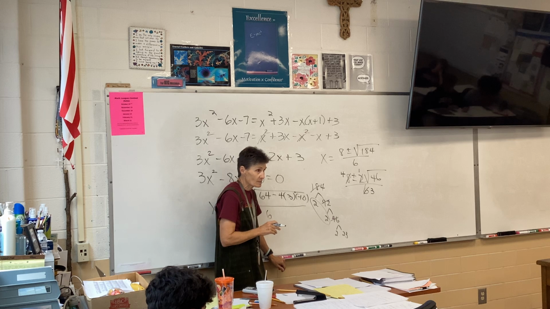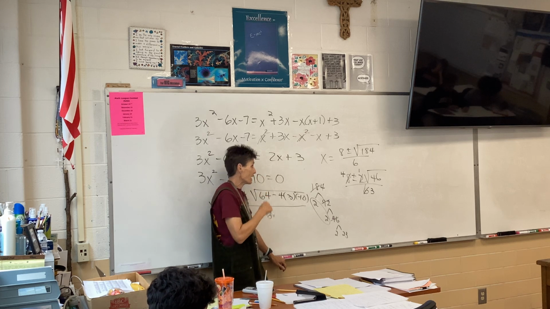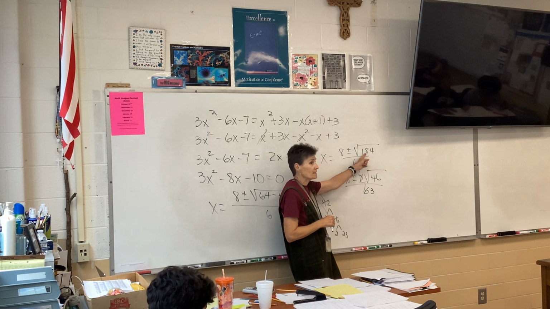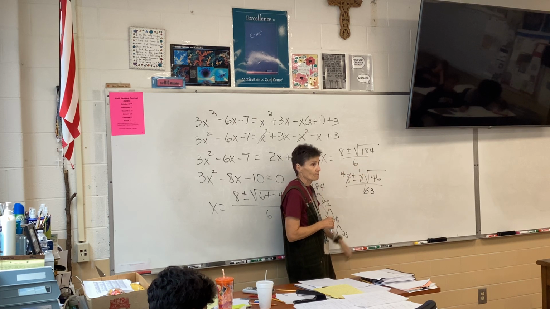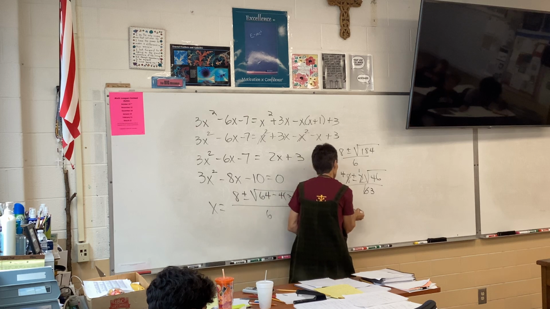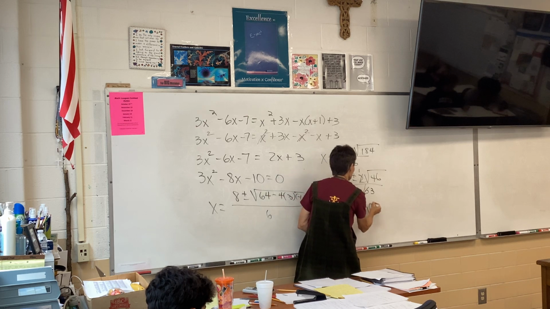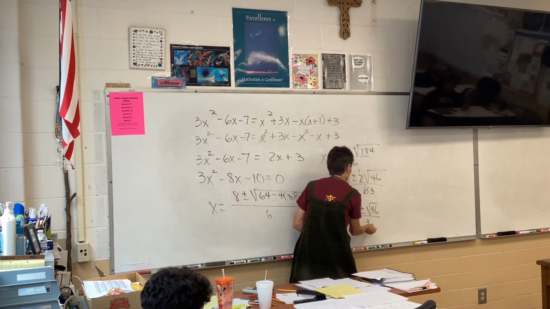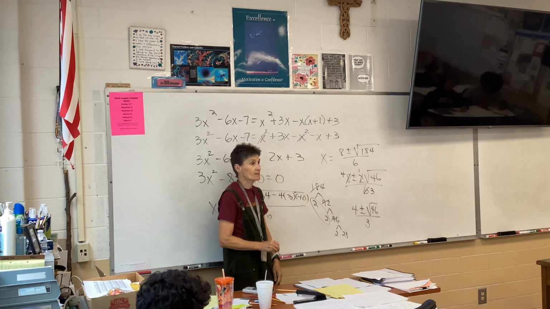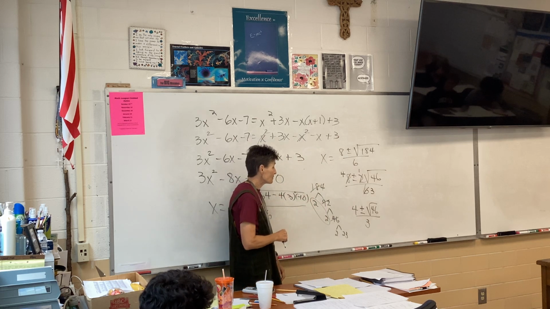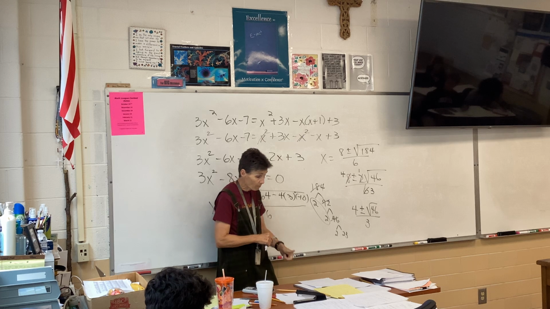And never cancel a number outside a radical with a number inside a radical. You can't do that at all, ever. So, who got 4 plus or minus root 46 over 3 as your final answer? That is magnificent. There's a lot going on in that problem.